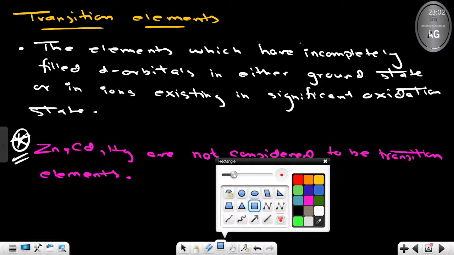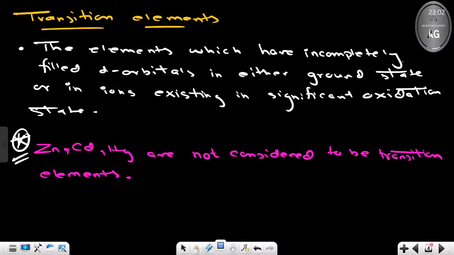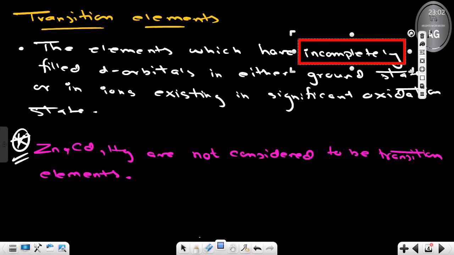The most important word is incompletely filled d orbitals. I am highlighting the word incompletely because that is the keyword. Though the definition will not be asked in the exam, elements which have incompletely filled d orbitals, either in the ground state or in the ionic state.